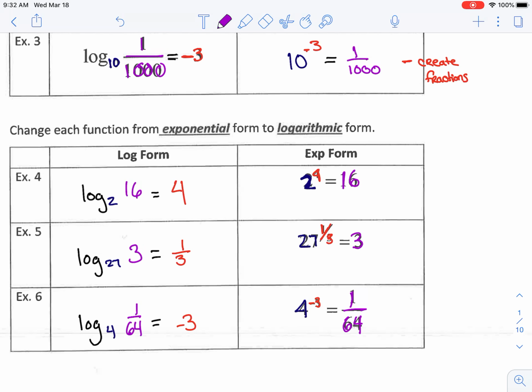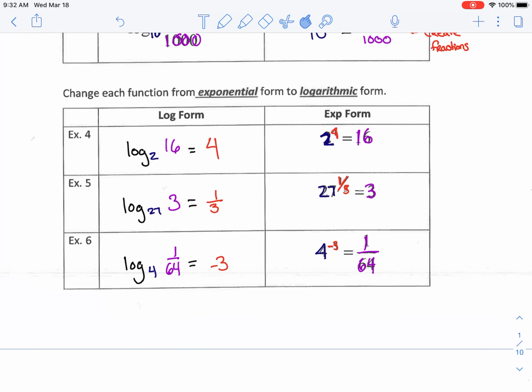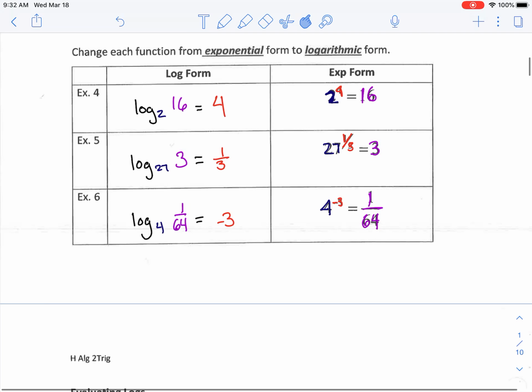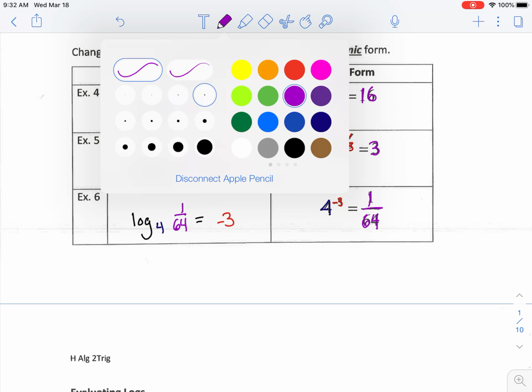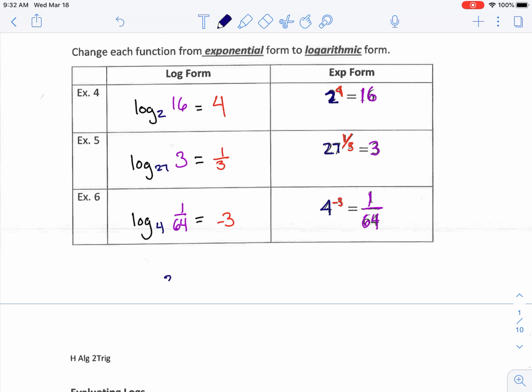Okay. So, I know that I also did these from left to right when I was in school. So I was like, hey, it goes the 2, then the 16, then the 4. It goes the 2, then the 16, then the 4 is up high. So there's a couple of choices there.